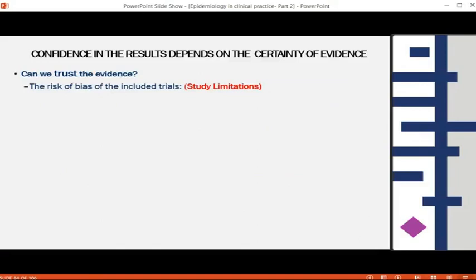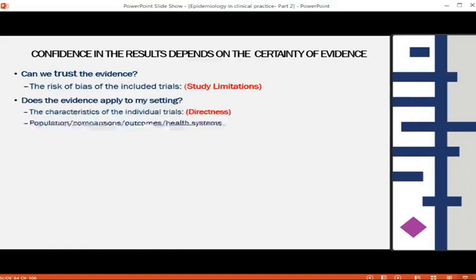But if we find that a few of the studies in that outcome for death were badly flawed, we can't trust those results, then it will affect our confidence in the overall study result. It's a limitation, and it will reduce our confidence in that overall effect. Then we want to know, can we apply this result directly to our settings, which means that we need to know who were included in the studies and who were excluded in terms of populations, comparisons, outcomes, health system.